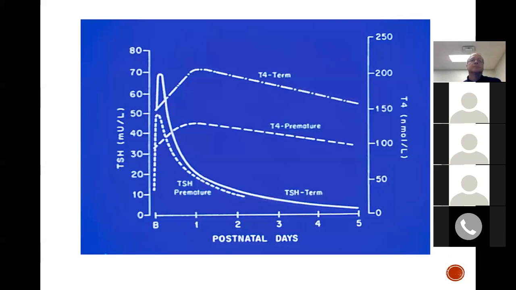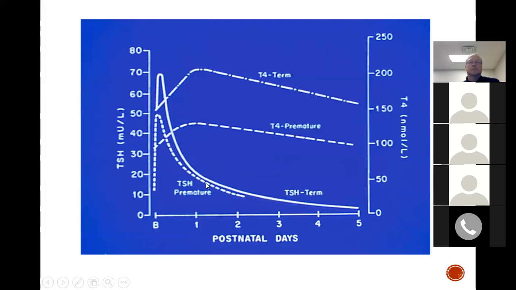This is just a nice chart. I hope it's showing up for you okay, but you can see on this chart that there's a difference between the TSH spike that happens right after birth in a term infant versus this dotted line, which is the premature infants. You can see there is a notable spike in that first 24-hour period, and then it starts to slowly go away.